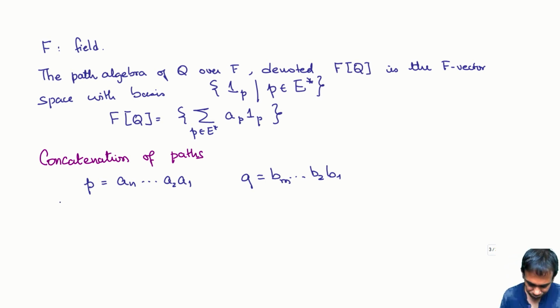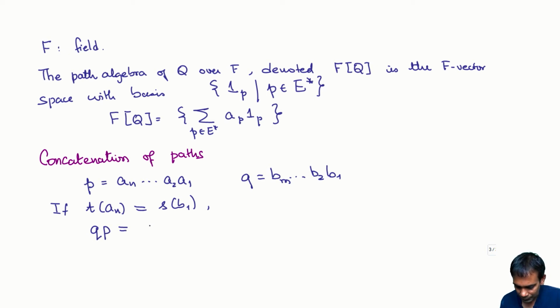Then if the target of AN is the source of B1, you can define QP to be BM ... B1 AN ... A1, and this is a path. It is called the concatenation of Q and P.